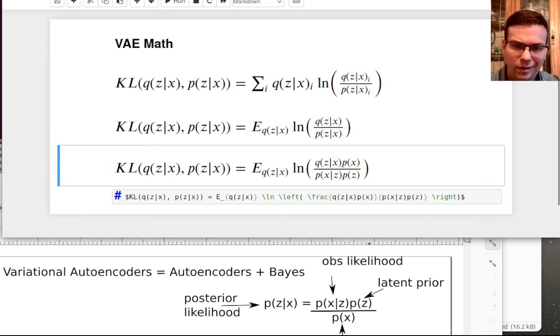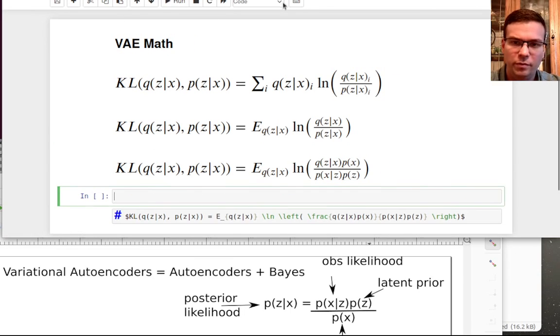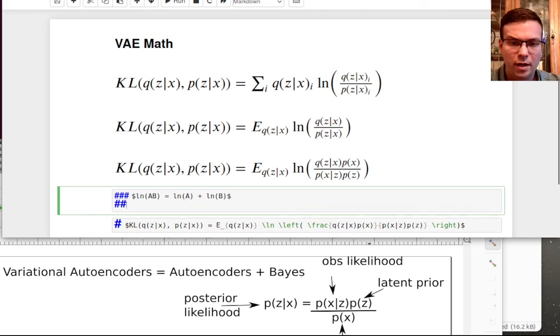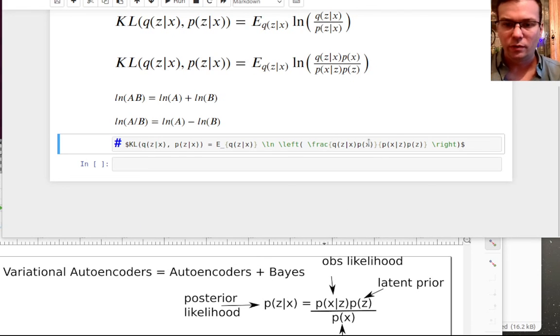I've used this before in this video series, but I'll just remind us again that log of AB is equal to log A plus log B. And we also have that the log of A over B is log of A minus log of B. All right, so applying these rules here, this P(X) in the numerator, I'll take that out by itself into a log.